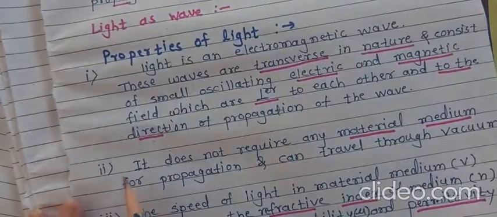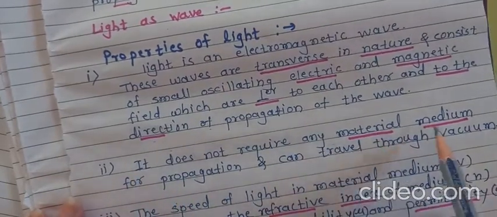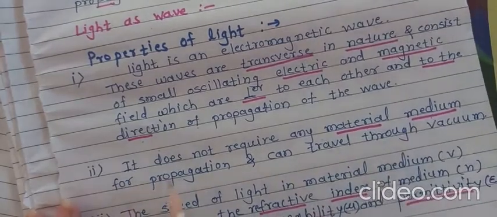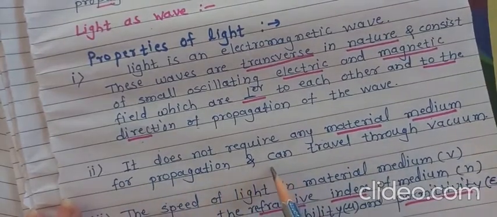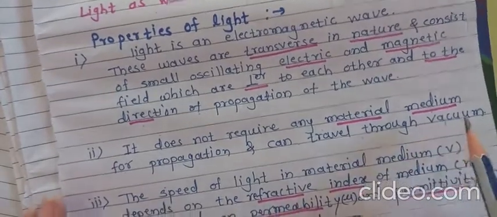Next property, a light wave does not require any material medium for propagation and can travel through vacuum also.